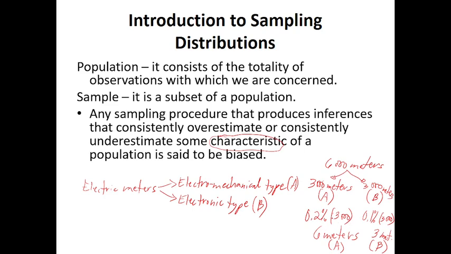So the characteristic of a population may be overestimated or underestimated depending on the data that these 6 meters and 3 meters will provide.